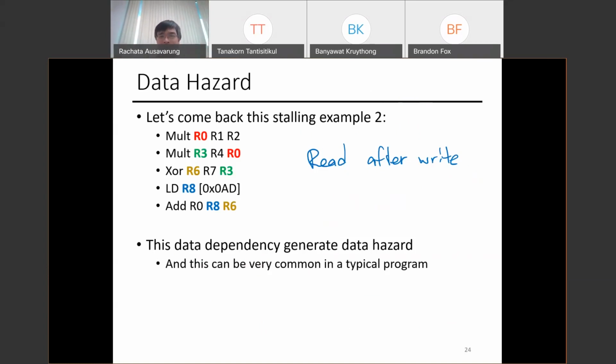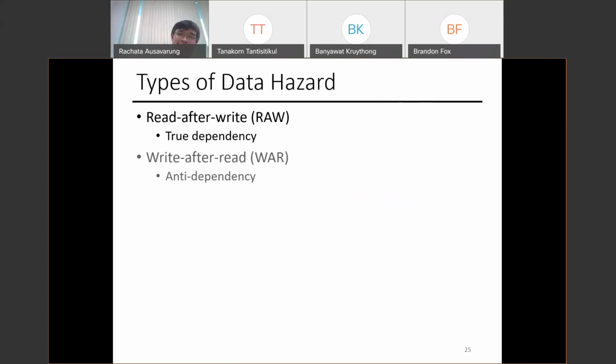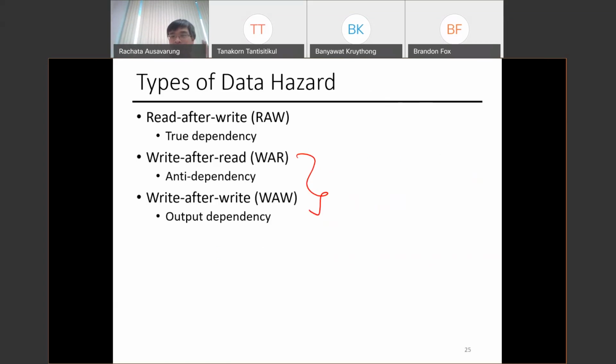But before we find a way to deal with it, and there's a really easy way to deal with it, let's break this down into 3 different types. What you've seen earlier is called read after write. We call this true dependency. It occurs in any type of processor. Then there's write after read and write after write. These happen if you design a processor that is called an out of order processor.